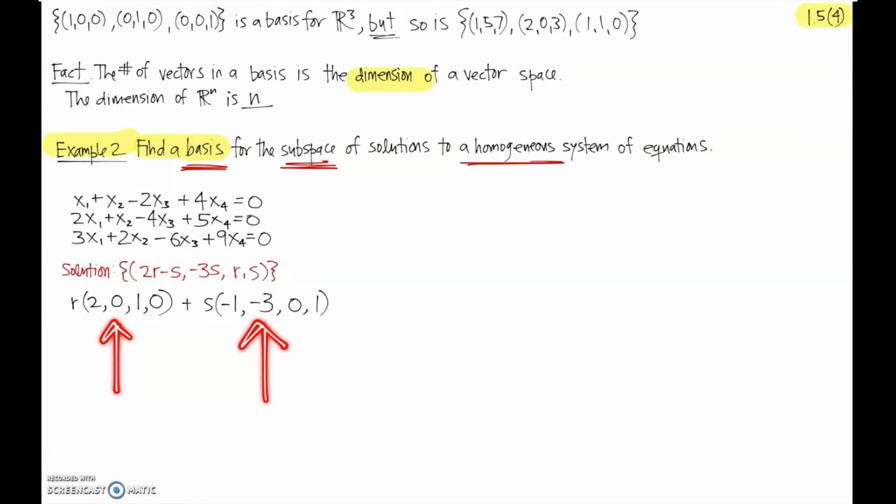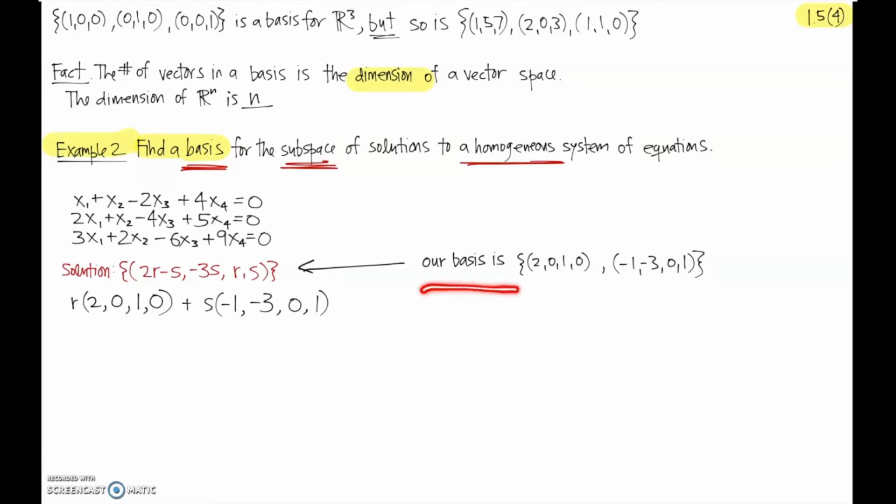So those two vectors are our basis for this solution set, because anything in here can be constructed as a linear combination of 2, 0, 1, 0 and negative 1, negative 3, 0, 1. So our basis for that whole set is this set. This is the framework for the solution set. With these two vectors, I can construct any solution to that homogeneous system.